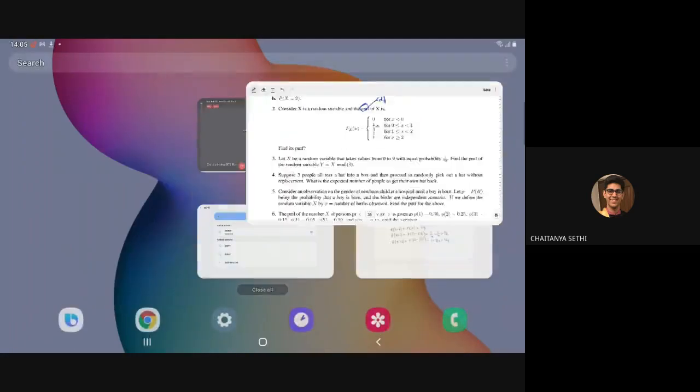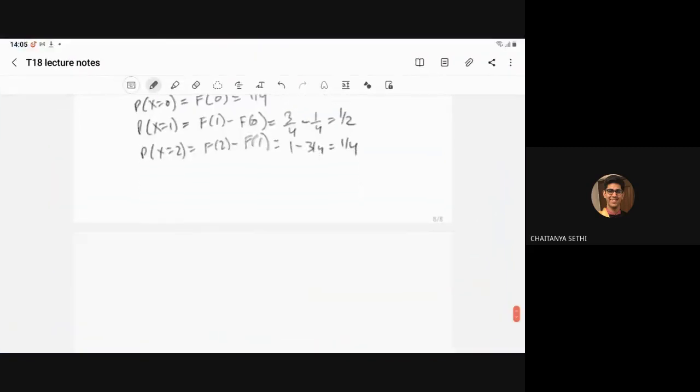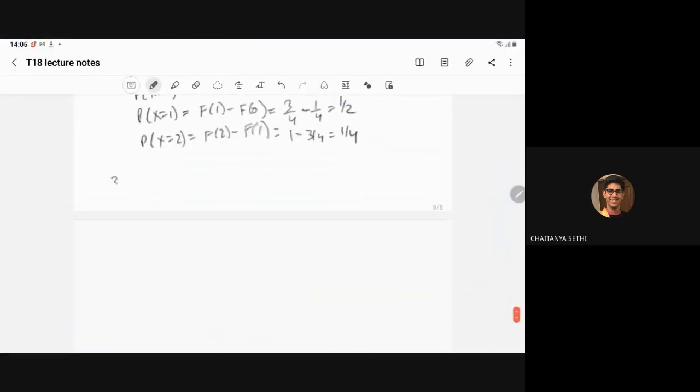So actually in question number 3, what is given to you is that here we have 0, 1, 2, up to 8 and 9, and all have the equal probability 1 by 10.